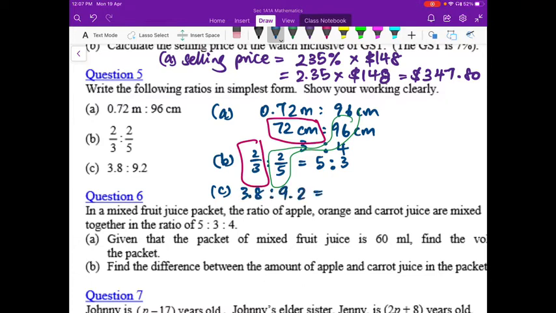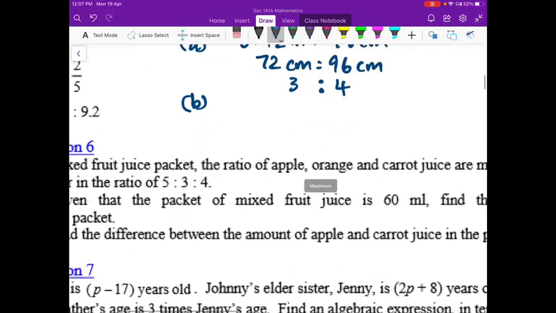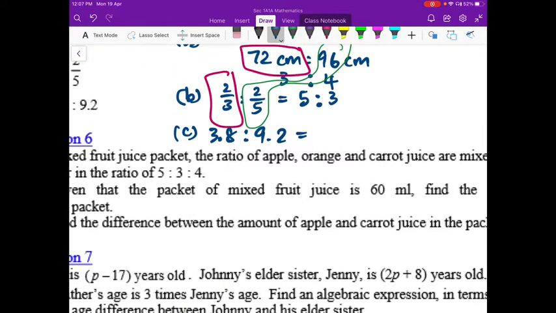Okay, what is its equivalent? So this is way easier now. You can multiply by 10, then divide by 2, or you just key in your calculator. 3.8, denominator 9.2. 19 over 46.